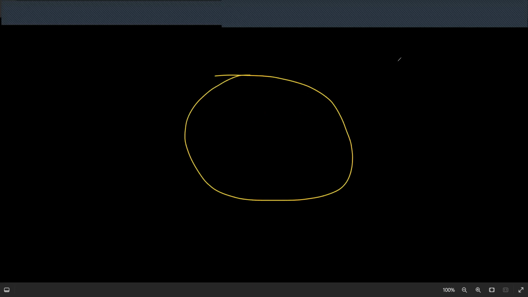So what it means is, let's suppose the electron, how much energy is released when it has taken this electron. That's the electron affinity.